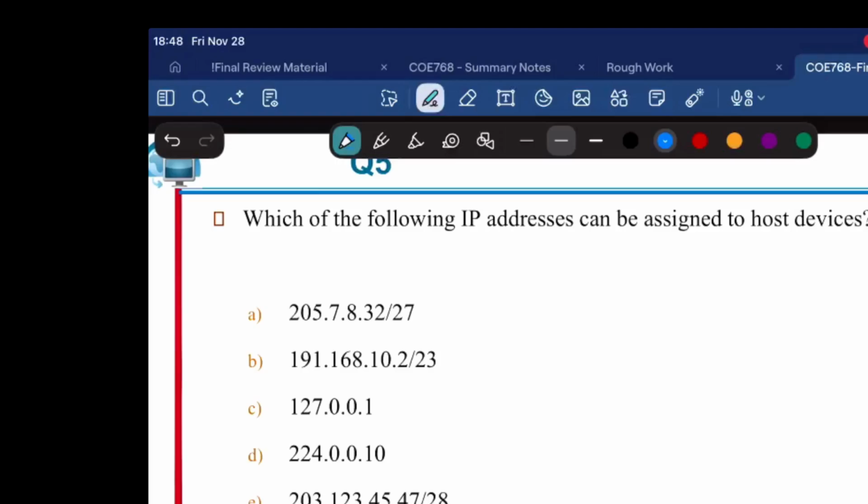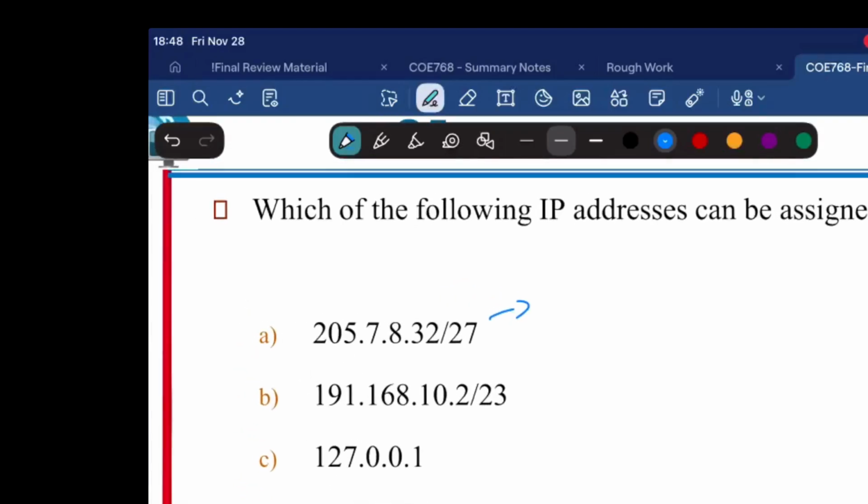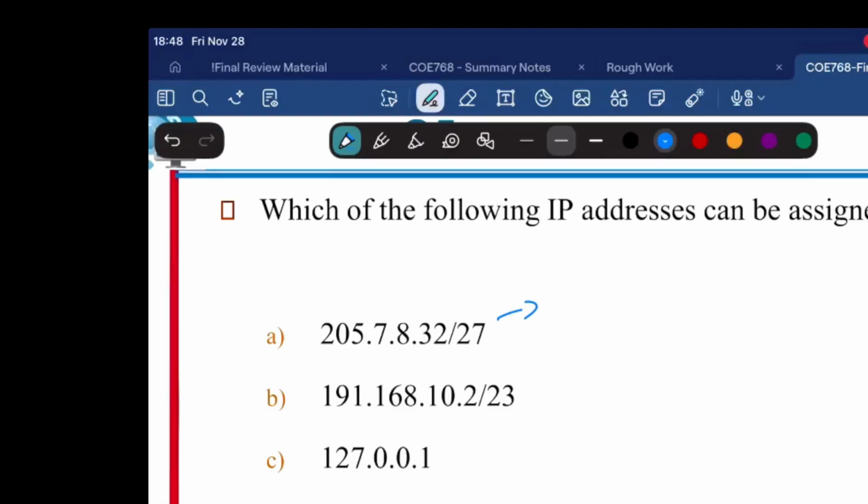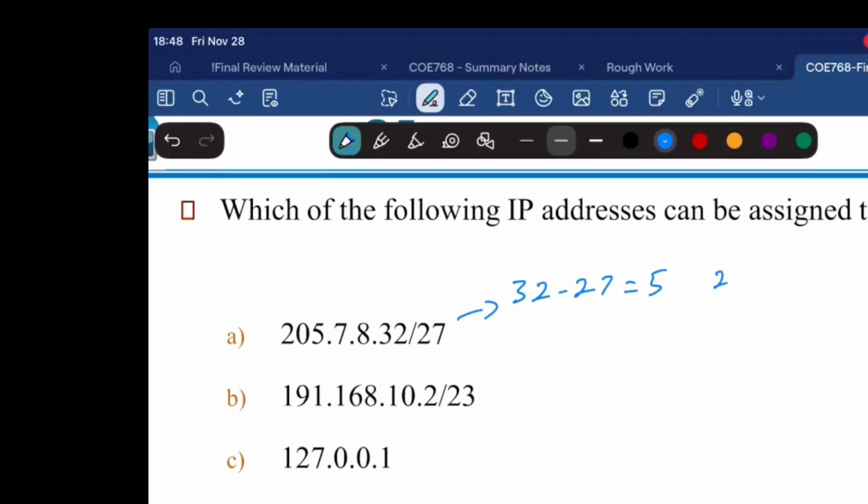So for the first one, we start with our subnet calculation as usual. So 32 minus 27 equals 5. And when we do 2 to the power of 5, we get 32 addresses.